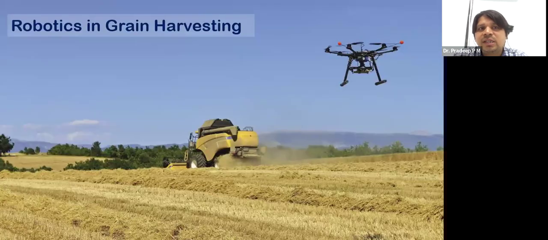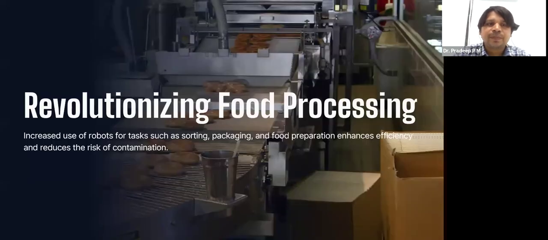And we have the assistance of robotics in grain harvesting. Instead of manual interference, robots can visualize and harvest by themselves. So no need for manual interference. This is the next future technology where there is scarcity of manpower, where we can utilize this robotics technology.